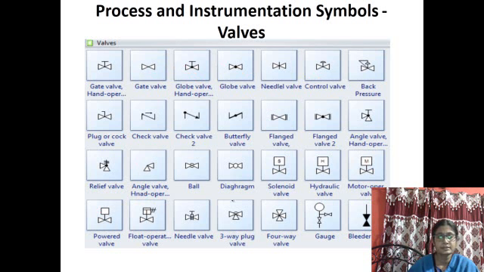So these are the different symbols. This is a powered valve, motorized. This is a float operated valve. So all these symbols signify the different types of valves. You just have to know that there are so many types of valves. And this is a solenoid valve.